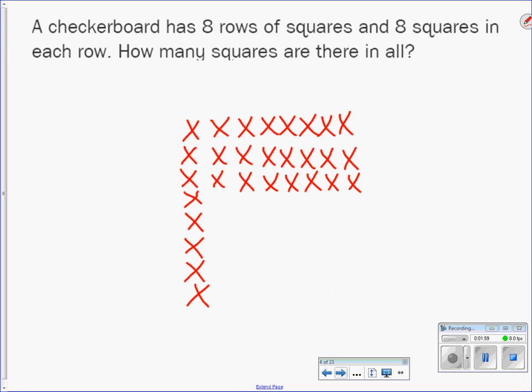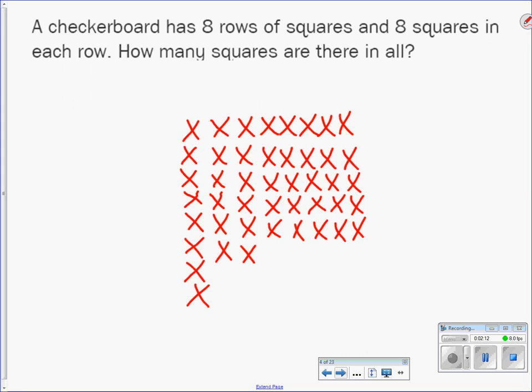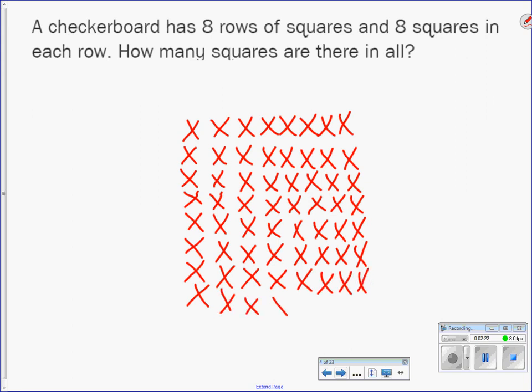So this is row 3, and I'm putting 8 in it. I'm on row 4, then I'm putting 8 in the row. Here's row 5 with 8 in it, row 6 with 8, row 7 with 8, and row 8 with 8.